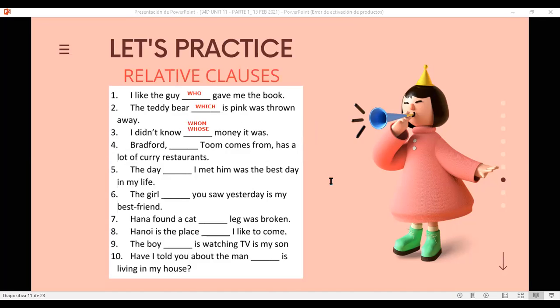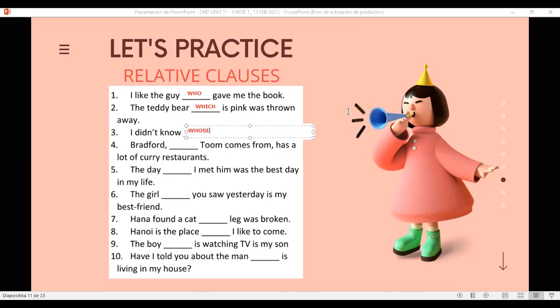Madeleine también nos dice whose. No se olviden. Whom, a quién, y whose, de quién. De quién. Estamos hablando de pertenencia. ¿Sí? I didn't know whose money it was. No sabía de quién era el dinero. ¿Sí? Whose money it was.